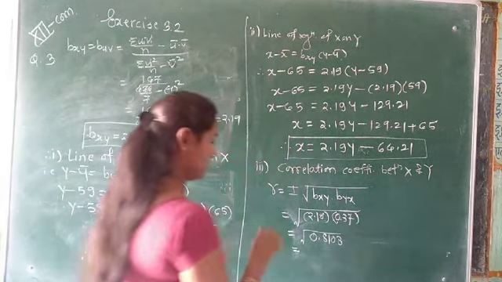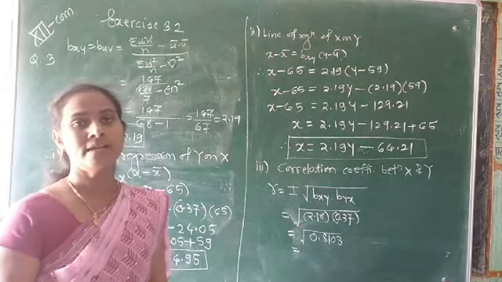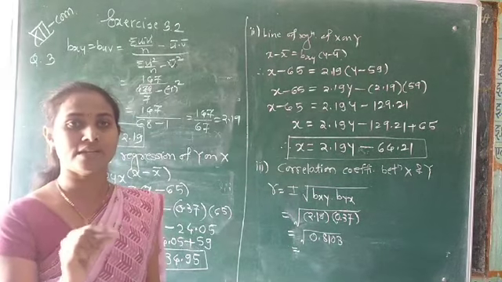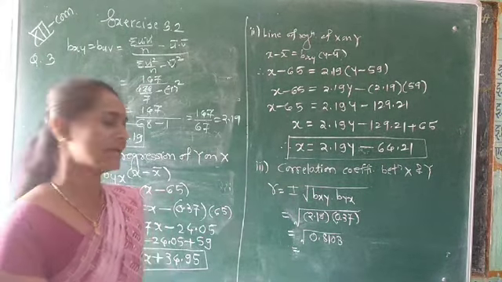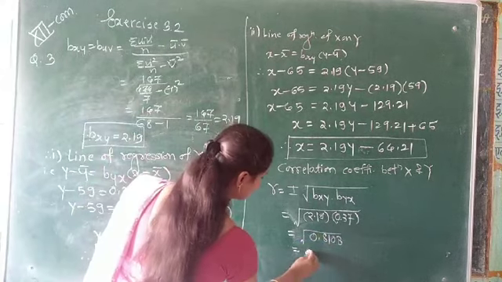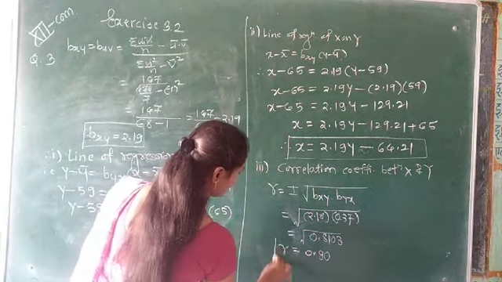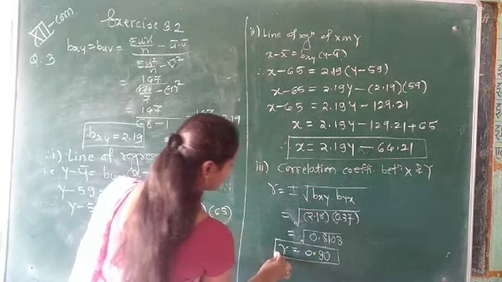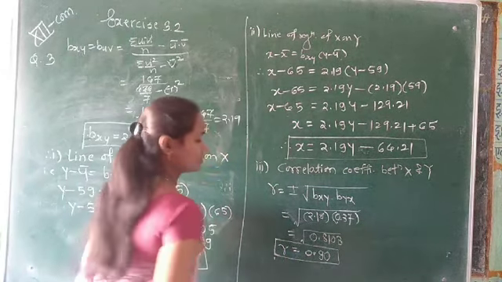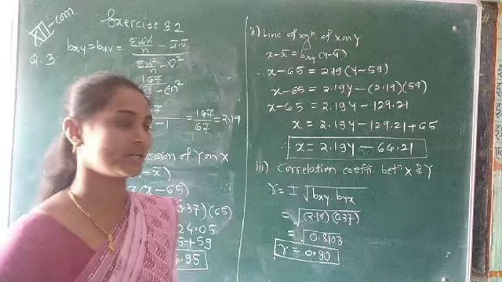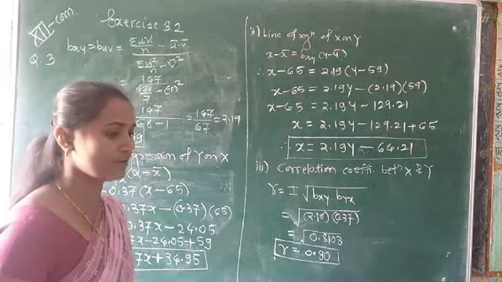Now see, this is approximately 0.81. 0.81 is the square of 0.9, so the approximate value is 0.90. Therefore r is equal to 0.90. The correlation coefficient between x and y is 0.90.